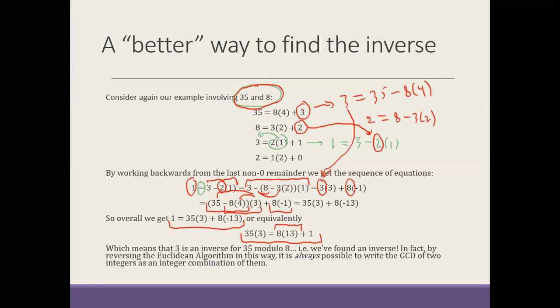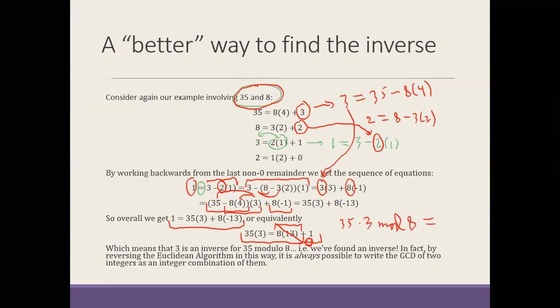So if I take everything modulo 8, this part will go to 0. Okay, and what will be the only thing that's left? 1. Do you see? So what that means is 35 times 3 mod 8 is equal to what?